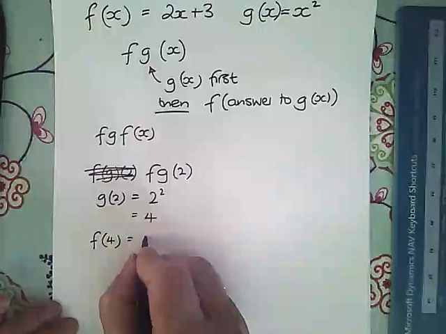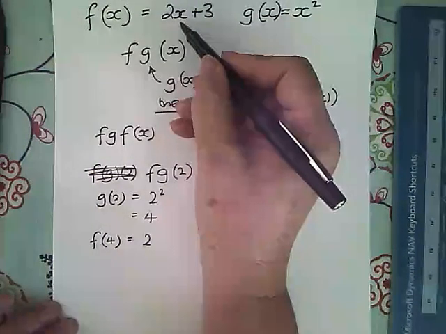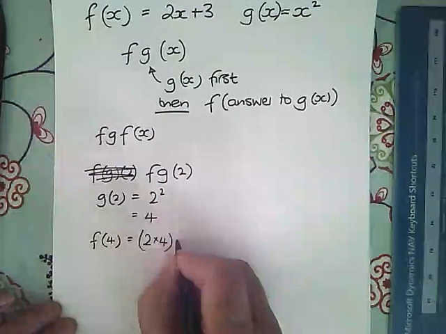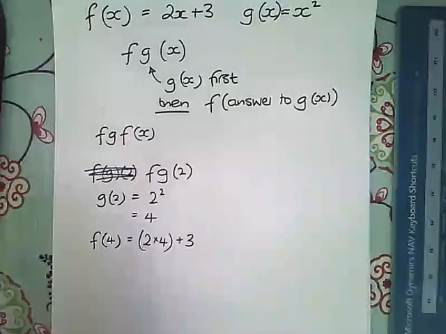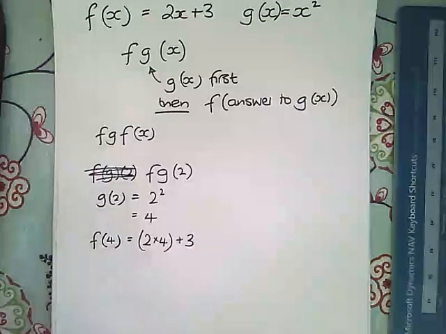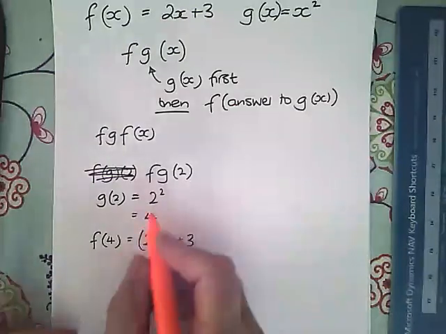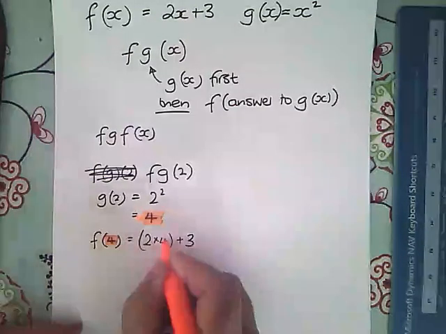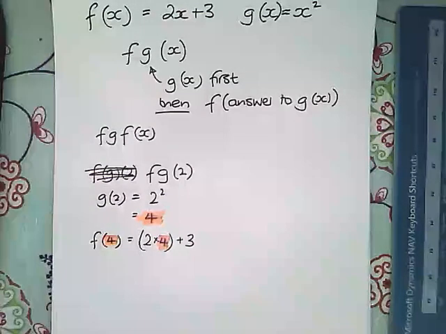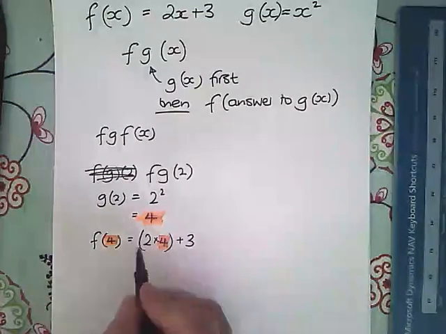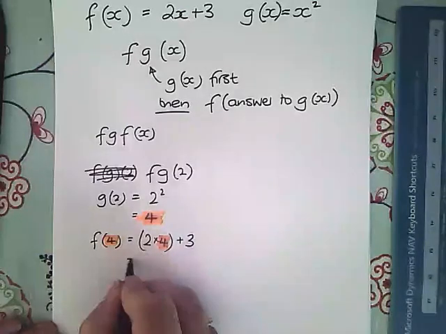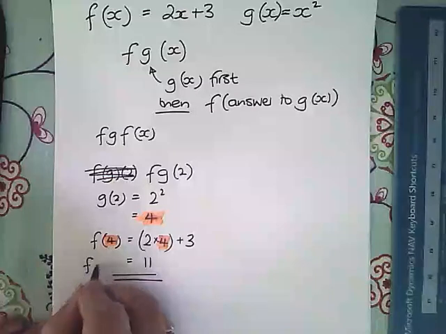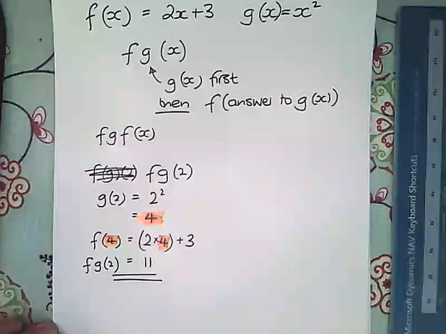So that's 2 times the value plus 3. So 2 times 4 and then add 3. Now if I use a highlighter, you can see where I am using this value, putting it in here and putting it in there. 2 times 4 is 8, 9, 10, 11. So that is the final answer to fg of 2.